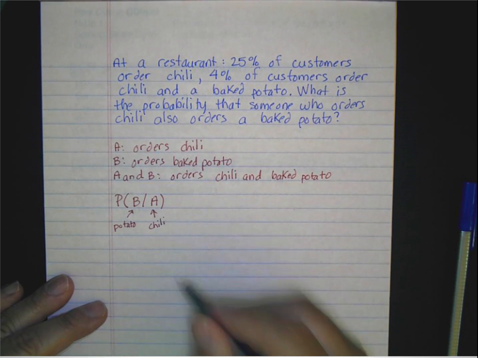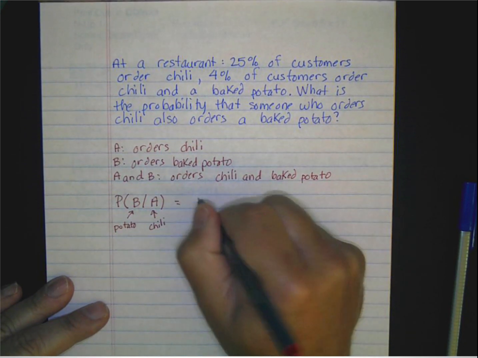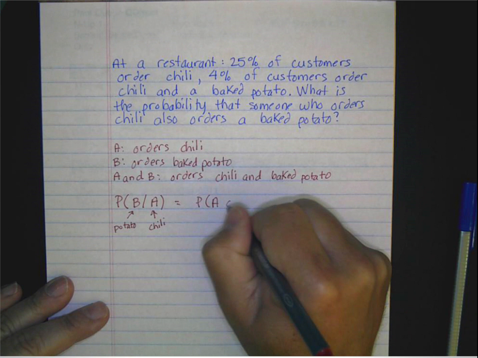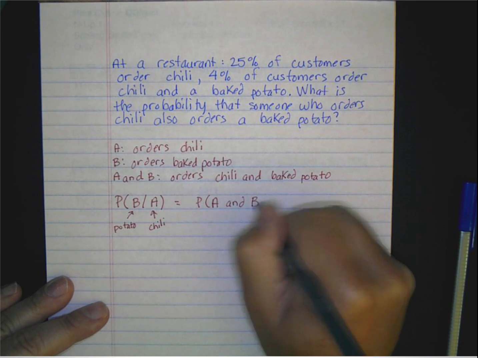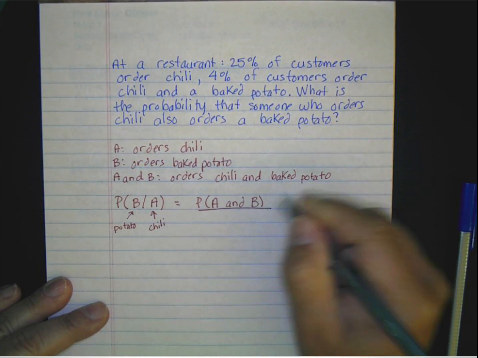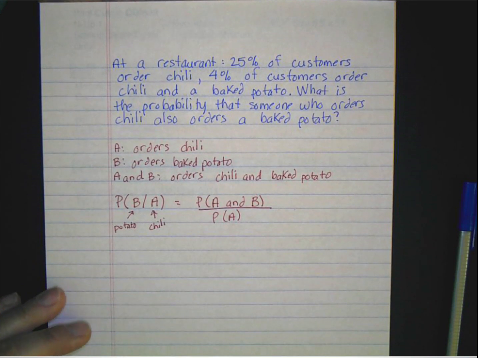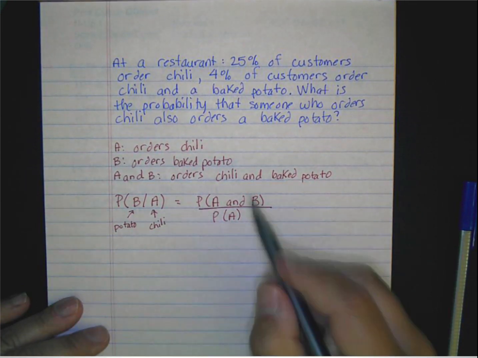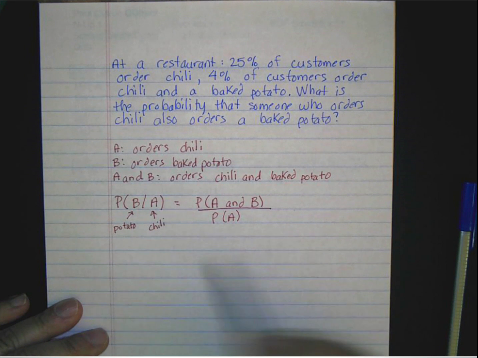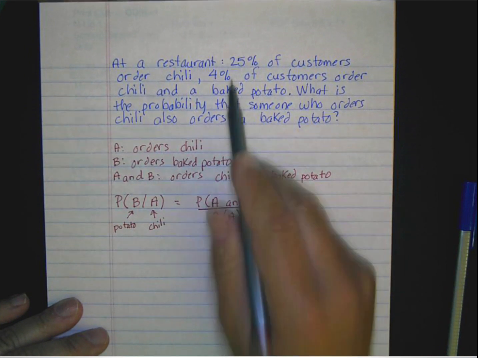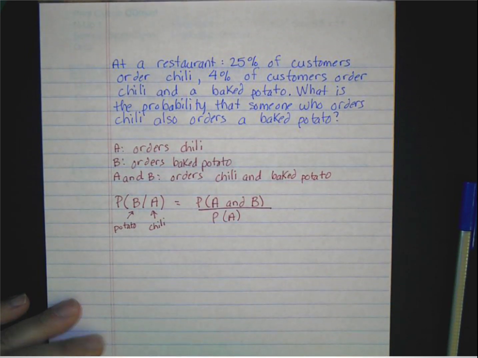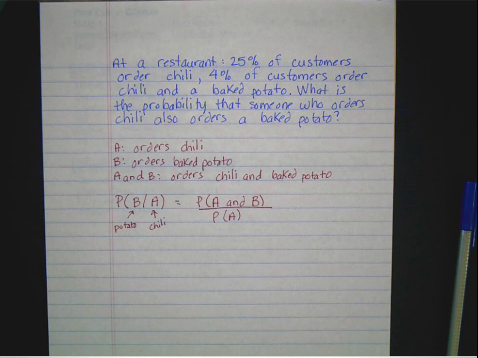If we use our formula from before, that's the probability of A and B divided by the probability of A. We have those things, believe it or not. The probability of A and B, chili and baked potato, is 4%, or 0.04. We were given that information.